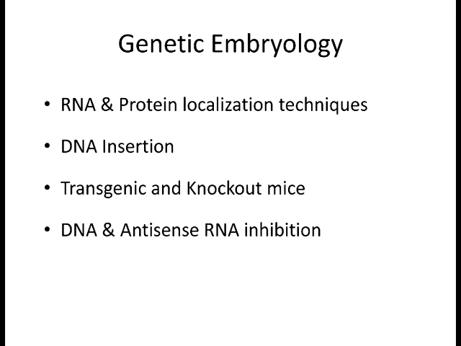Because sometimes we can actually put in a system that functions, and then we treat the animal, like a mouse, with a particular substance, and when it gets into the cells, it'll actually cause recombination of the DNA and excise or remove that gene so that it's gone. And the reason why we have to do that is because if you knock out the gene too early, the mouse won't get past a certain developmental stage.